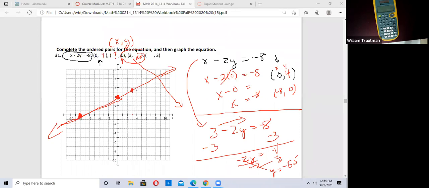You see, it still falls on the line. If you drew a straight line, every dot will fall on this straight line. And I don't think you have to graph it on the test, but you do have to fill in the missing pieces. If they give you y, you have to find x using the equation they give you.